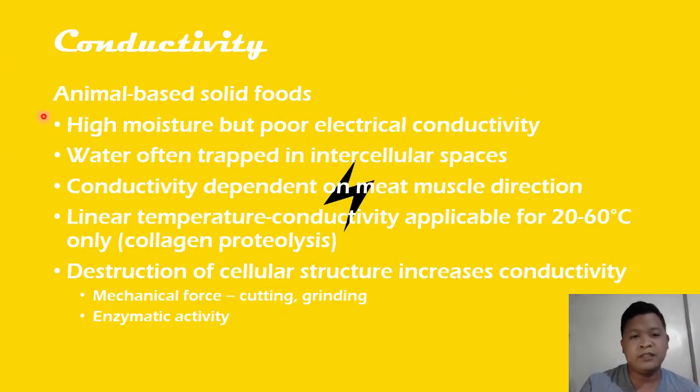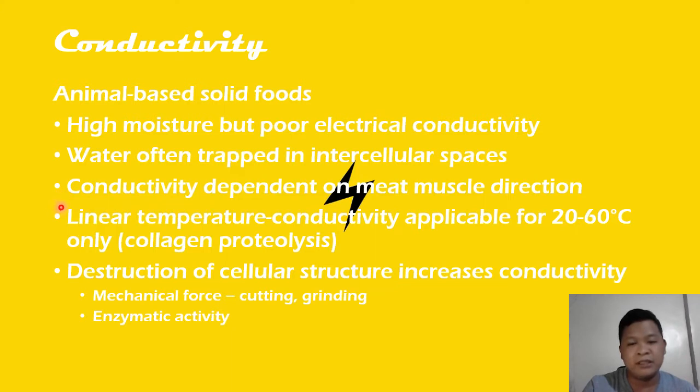For animal-based solid foods naman, mataas din ang moisture ng animal-based foods, usually around 60%. Pero, ganun din parang sa plant cells, poor conductivity pa rin dahil yung may mga muscle fibers yan, no? Muscle cells. Kahit nawala yung cell wall, may cell membrane pa rin. Okay. So one factor affecting conductivity is the orientation of the muscle fiber directions. Okay.